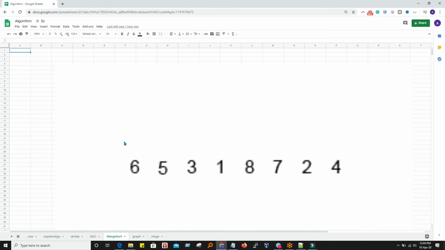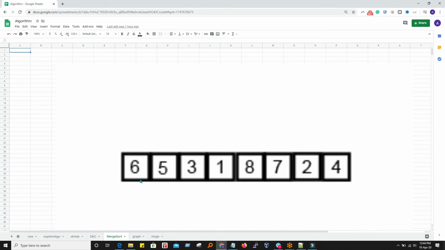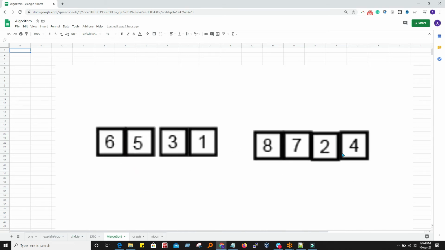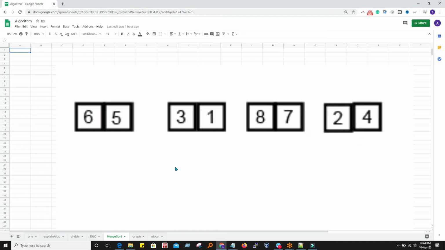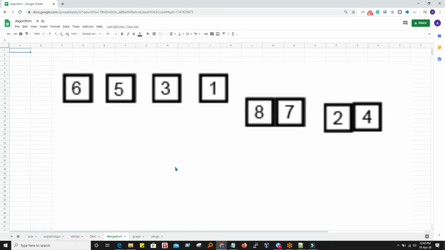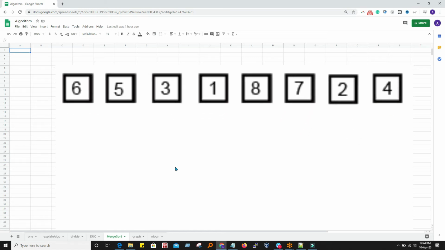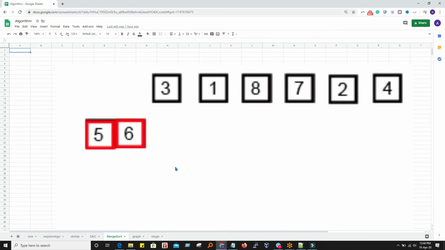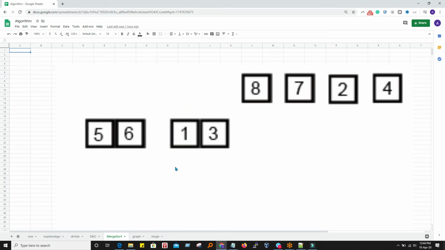Let's see this example. Consider these are the numbers and we have to arrange them in ascending order. We split the problem into 4 pieces, then again each piece is split into 2 pieces, and now we have a manageable problem. And now we can sort. We take two numbers and arrange them in ascending order.